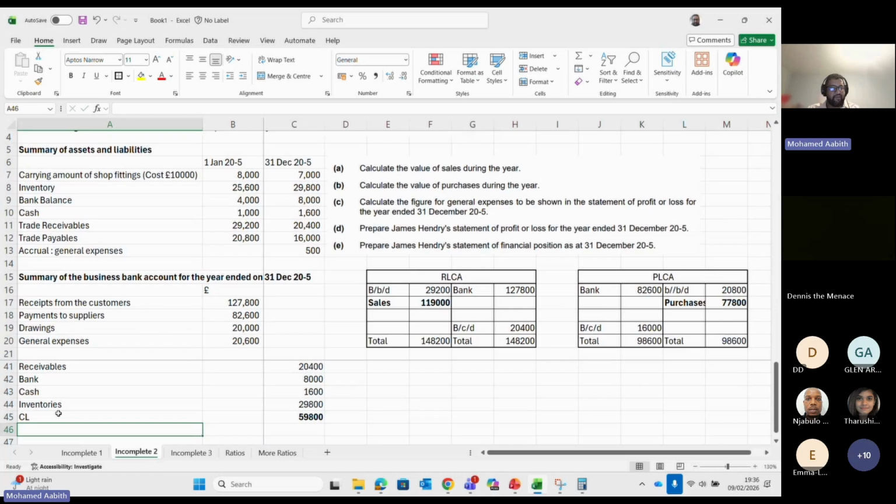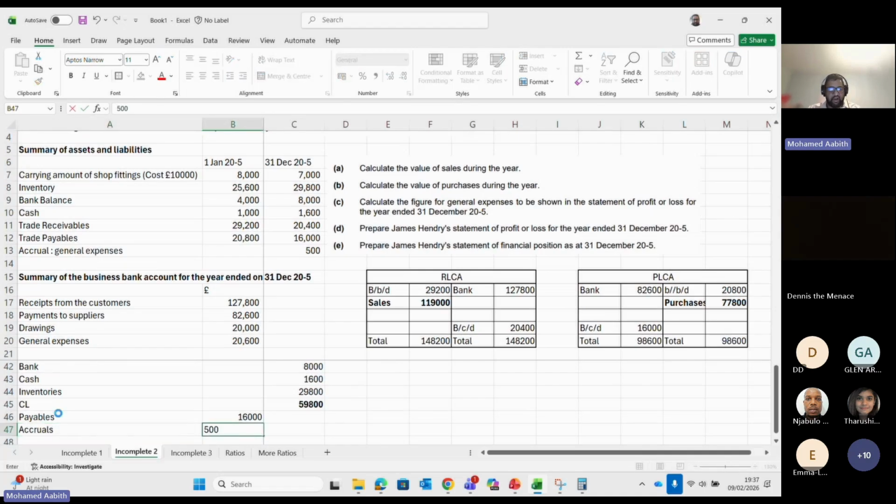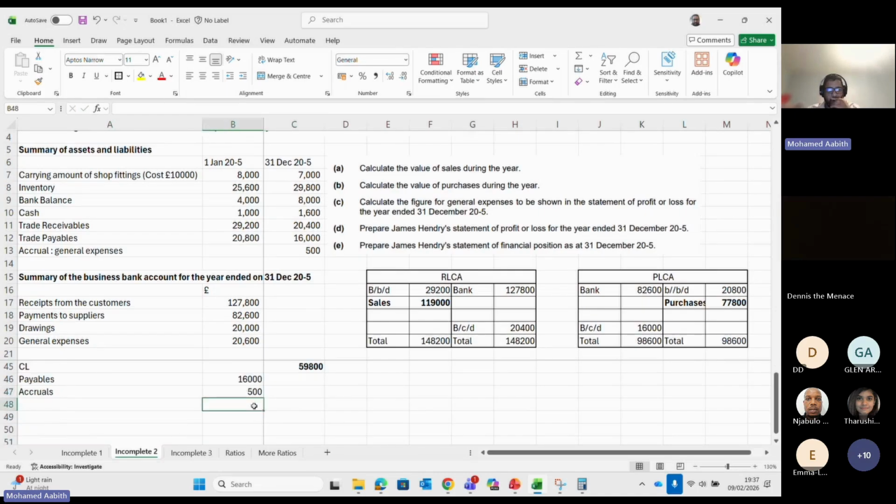Now let's look at the current liabilities. Current liabilities we have at the moment: payables are £16,000, accruals £500. Therefore my current liabilities will come to a total equal to this plus that.